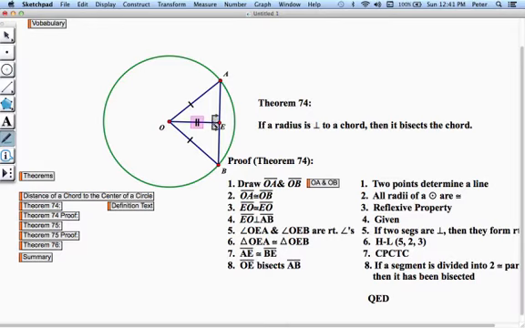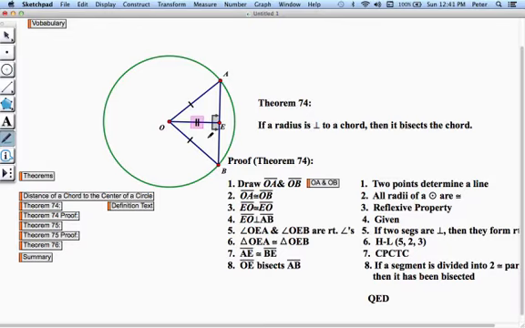So that makes triangle OEA congruent to OEB by hypotenuse leg. Therefore, AE is congruent to BE by CPCTC, and so OE must bisect AB.